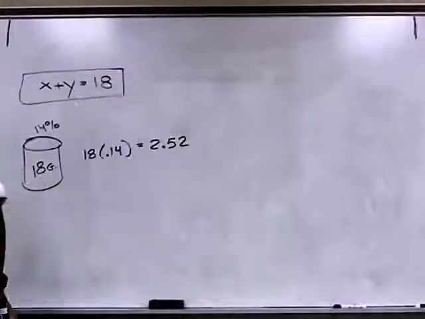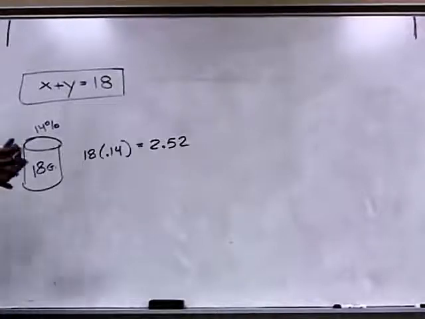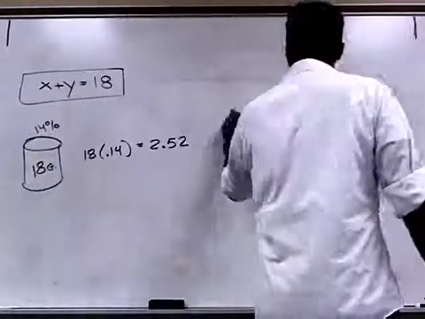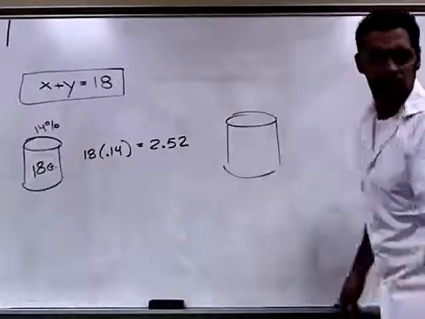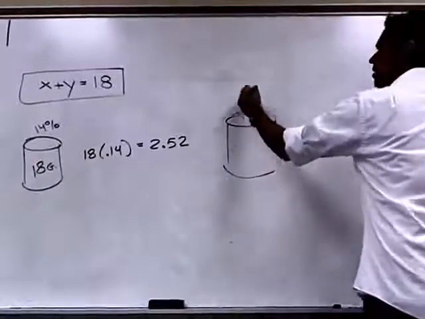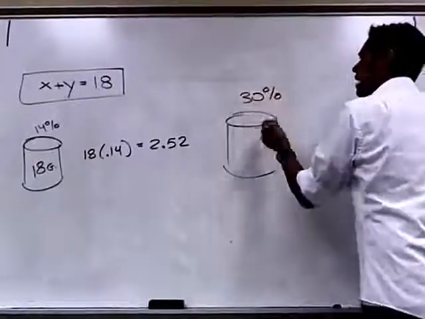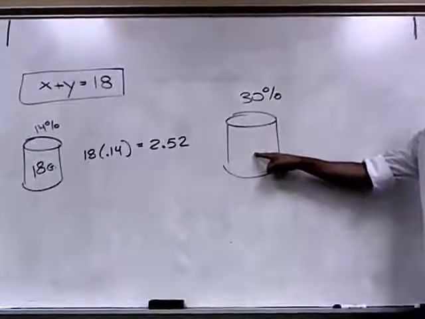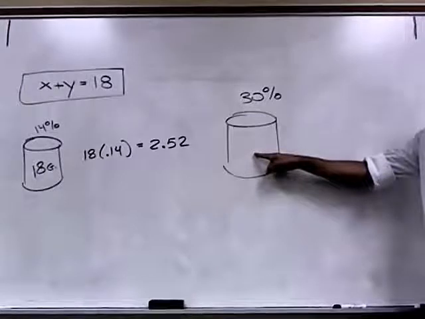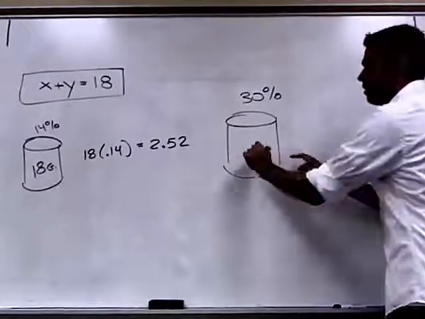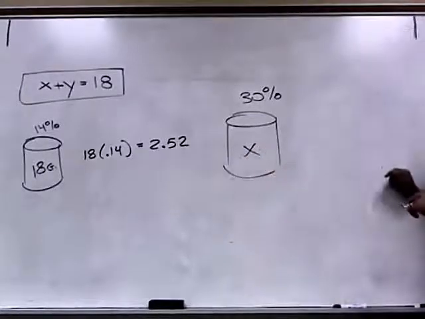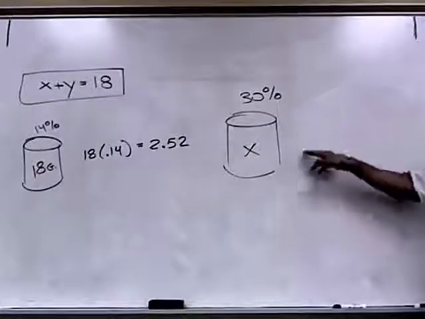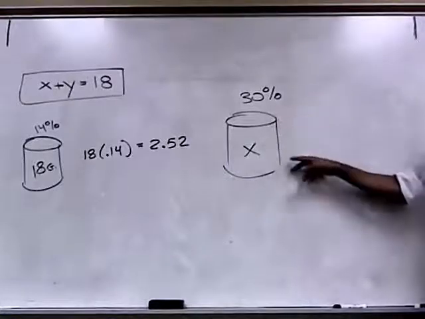So the way I'm going to use this is as follows. When I pour in the 30%, how much of it did I pour in? I don't know yet, so I call it x. So how much alcohol or sugar would come out of this?